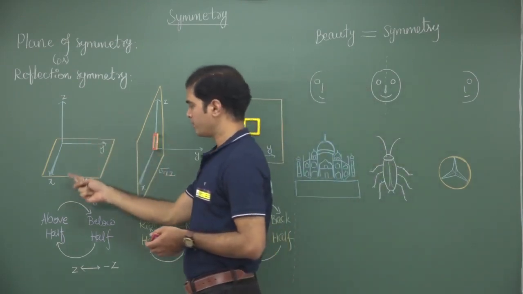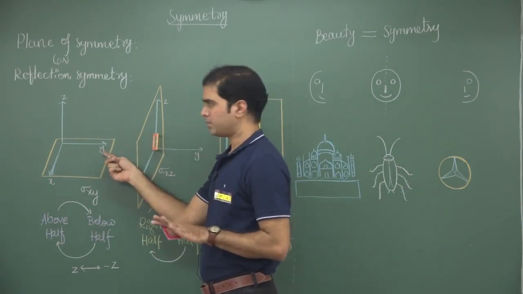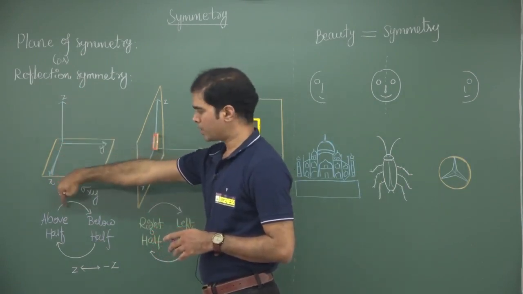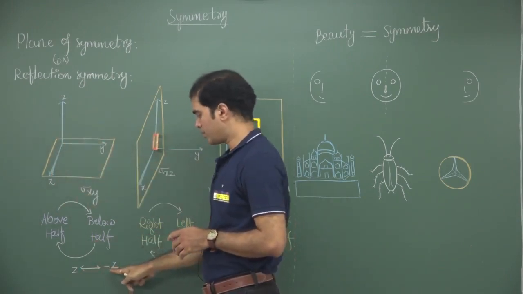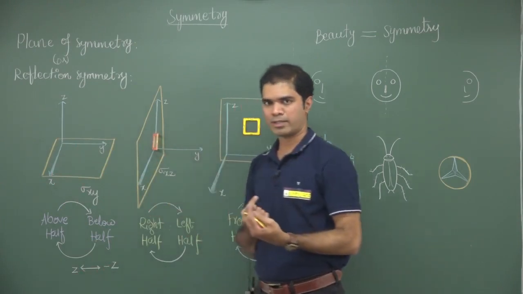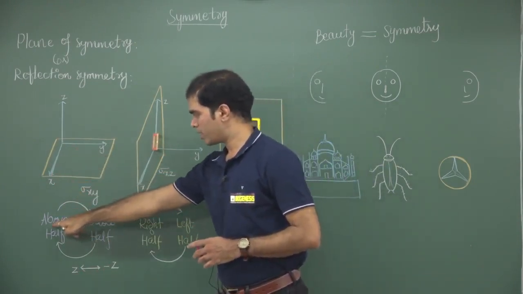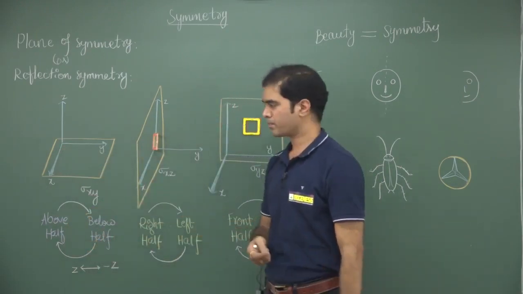You can check. When I pass sigma xy, x and y will remain, but z will be reflected into the opposite coordinate, or minus z will be reflected into the opposite coordinate. So plus z and minus z will reflect into one another. The operation is through sigma xy, above half will be reflected into below half. So they reflect into one another.